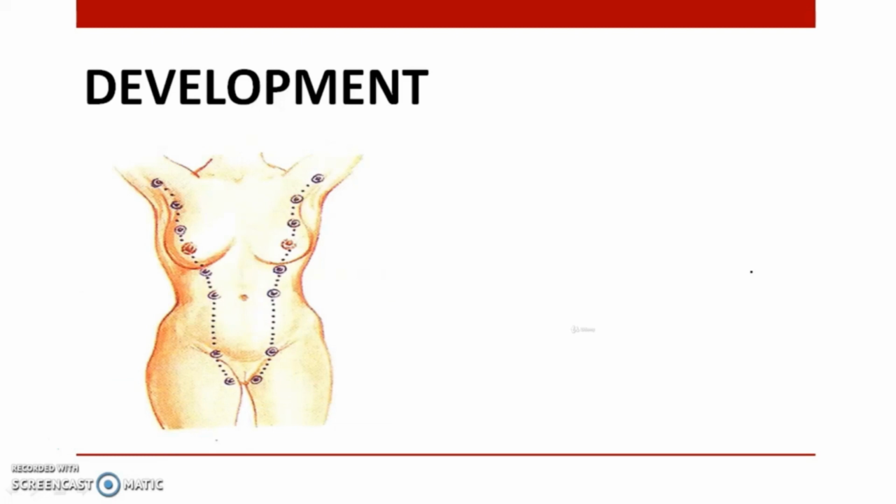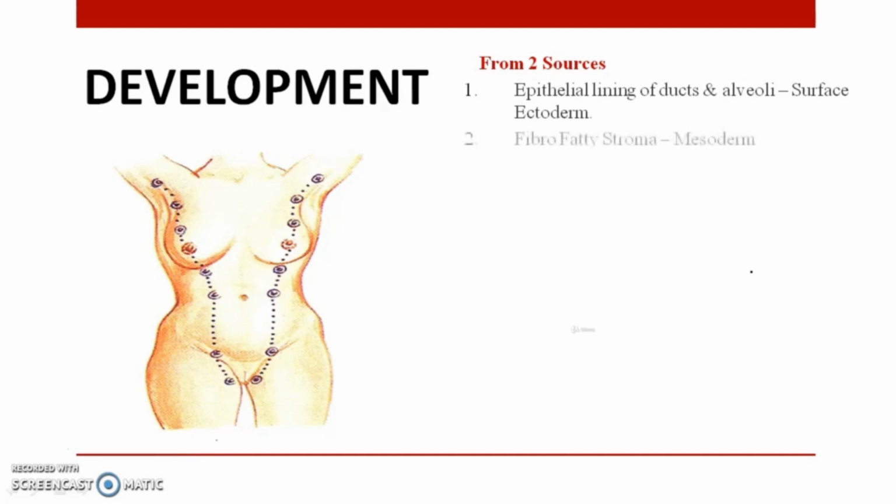Now we will move on to the major developmental part, the embryological part of the mammary gland. You can make out in this picture so many lines with dots, right? That is nothing but the milk ridge. You have to remember the development of the mammary gland is mainly by two sources, one is ectoderm and another is mesoderm.